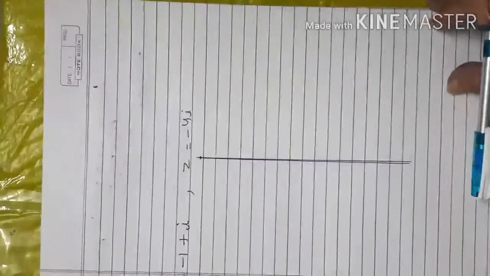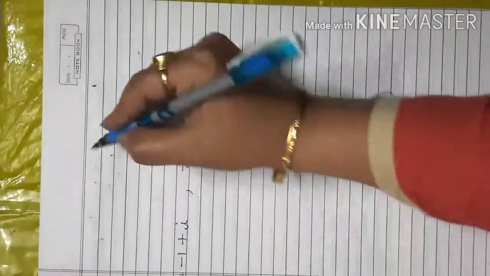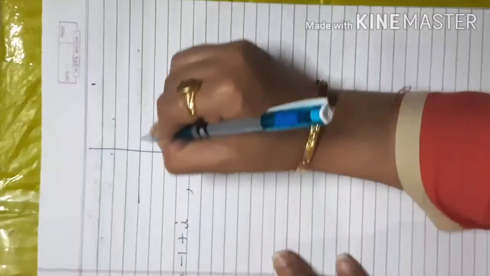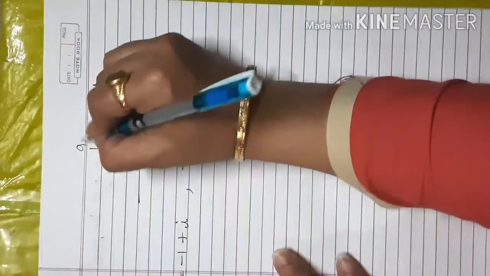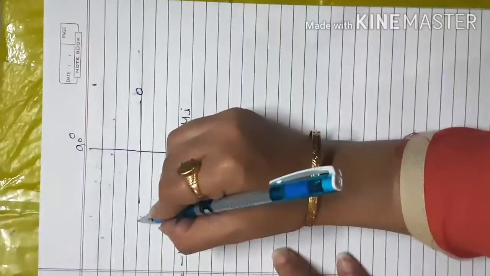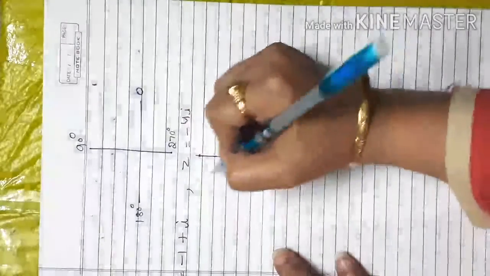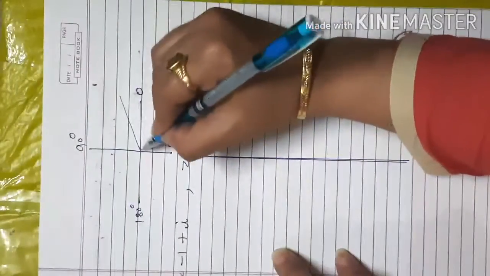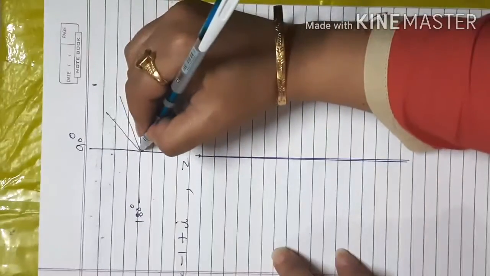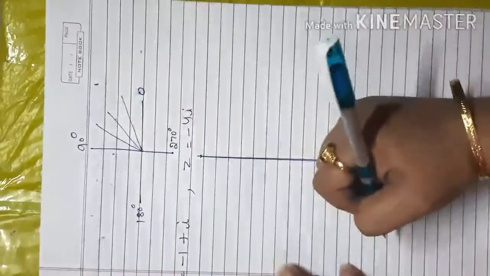But how can we apply this in the polar form? For that, we know our basic values, like 0 to 90 degree trigonometric terms. So this is 180 degrees, this is 270 degree. Here 30 degree, 45 degree, and here 60 degree.